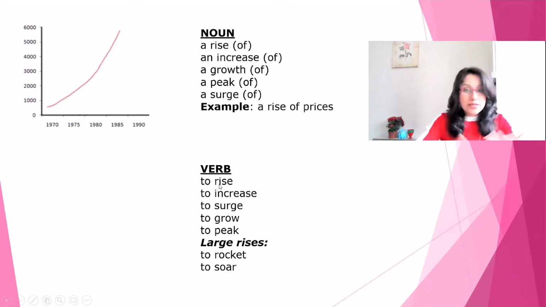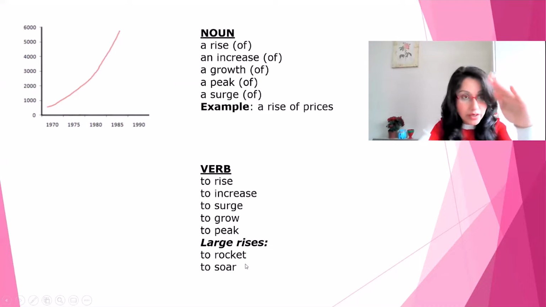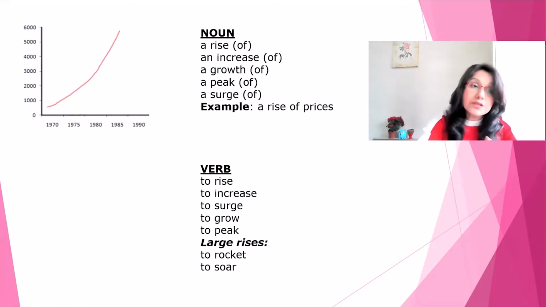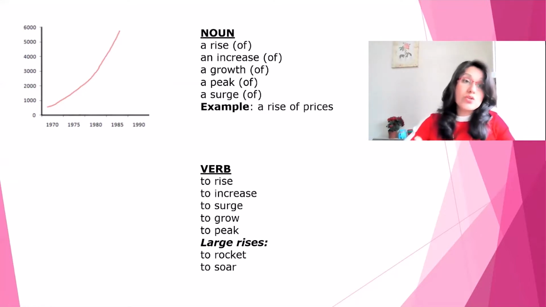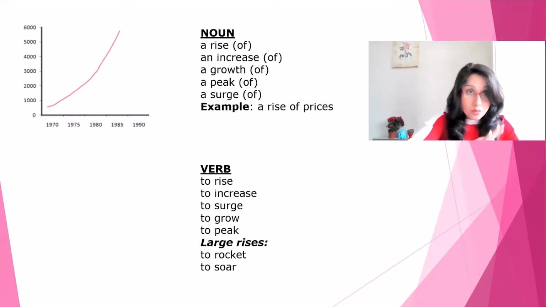You have to form your sentence, but when you are describing a rise, these are the different words you can use: an increase, a surge, a growth, or to grow, peak. And for a sharp increase or large rise, to rocket or to soar. So these are different things you can use when you're talking about a rise.